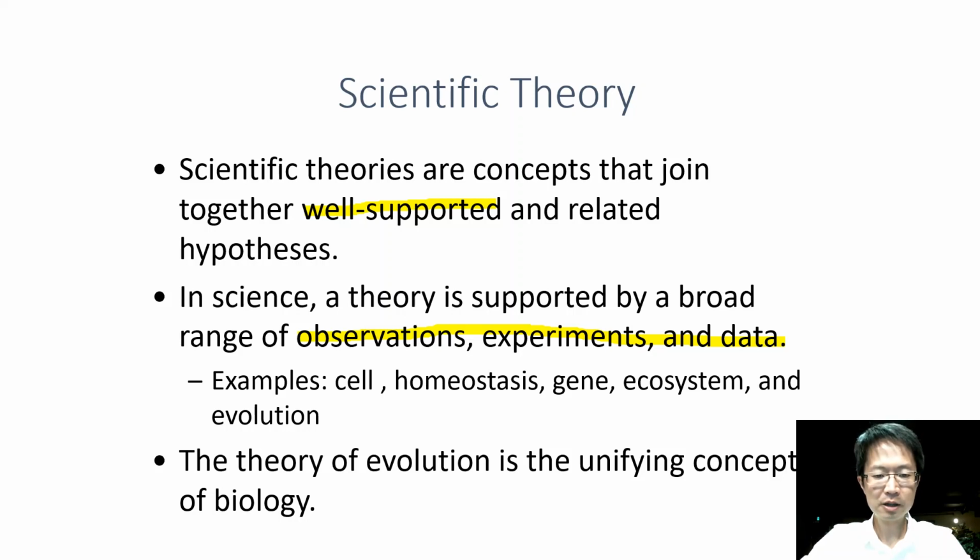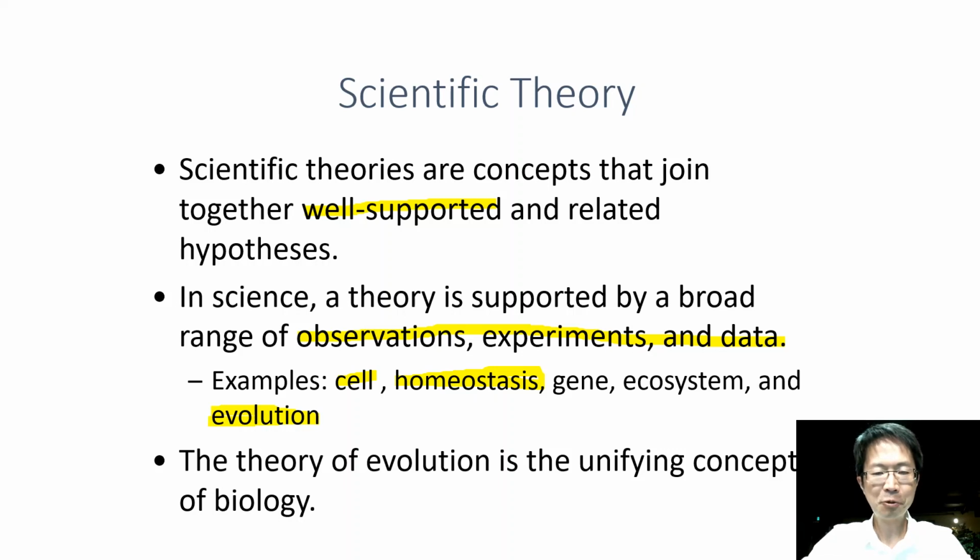So when you are in the lab, you learn about cell theory. What is cell theory? Also in physiology, we also talk about homeostasis. And most importantly, most of you have heard about evolutionary theory.